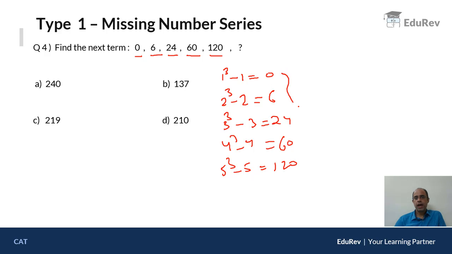So we got the pattern. This is the cube minus the number of which I am finding the cube. Hence, the next term would be 6 cube. 6 cube is 216. 216 minus 6 is 210. Therefore, option D is the correct answer.